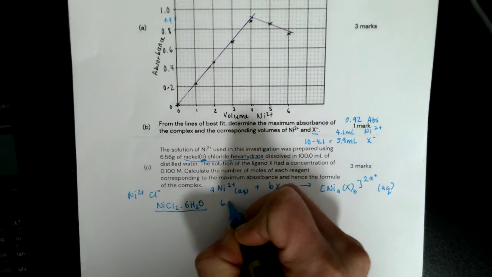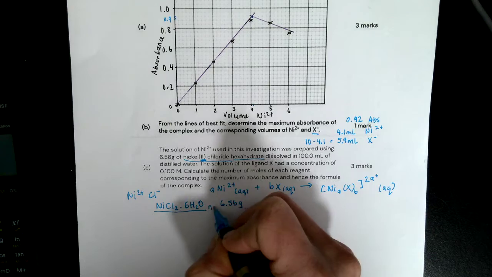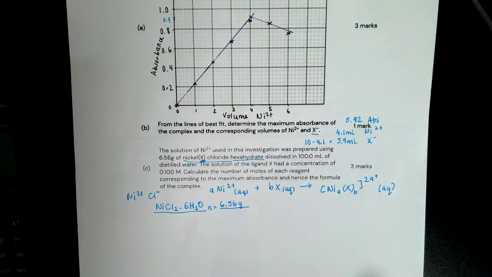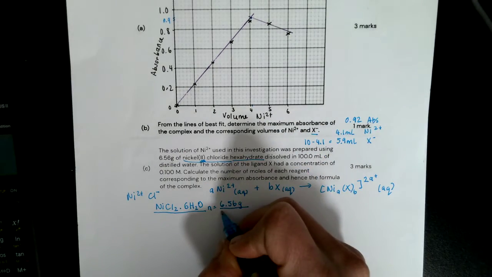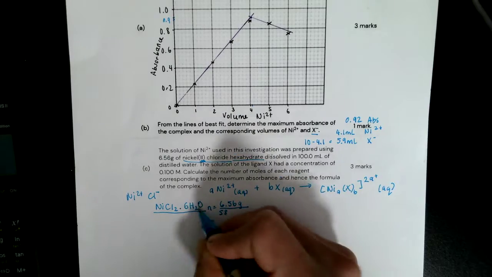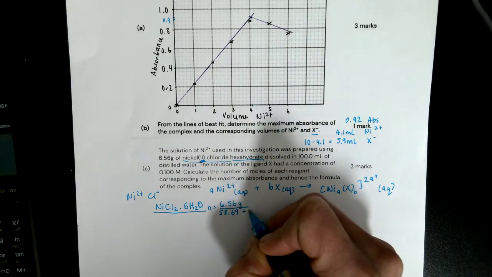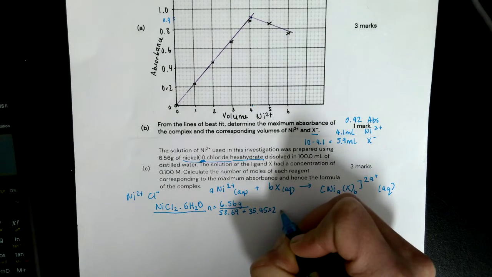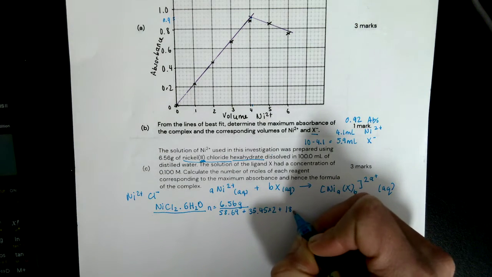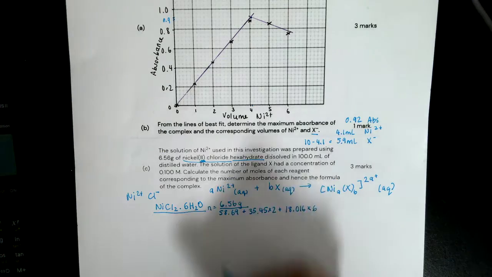That's going to give us the information for the molar mass of nickel chloride hexahydrate. So 6.56 grams of that was dissolved in 100 mLs. To work out the moles of the nickel here, we need to divide that by the molar mass of this total complex. Nickel is 59.69, chloride ion will be 35.45, and there's 2 of them. And a water molecule has a mass of 18.016, and there's 6 of those.